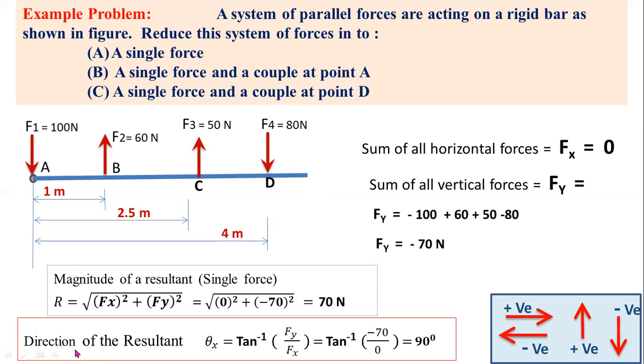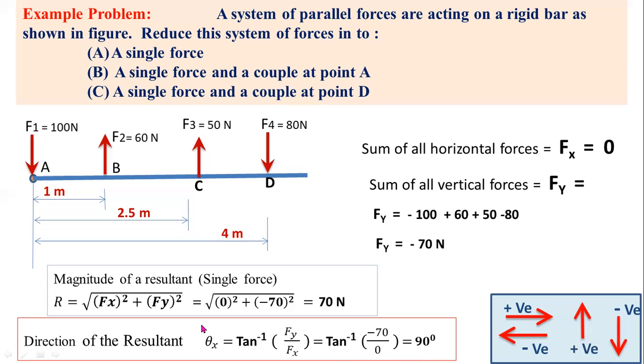Now, already we know the formula for the direction of the resultant. The direction of the resultant theta x equals tan inverse of vertical forces divided by horizontal forces. Tan inverse of minus 70 by 0. Anything divided by 0 is equal to infinity. So tan 90 degrees equals infinity. So the value of theta x equals 90 degrees.